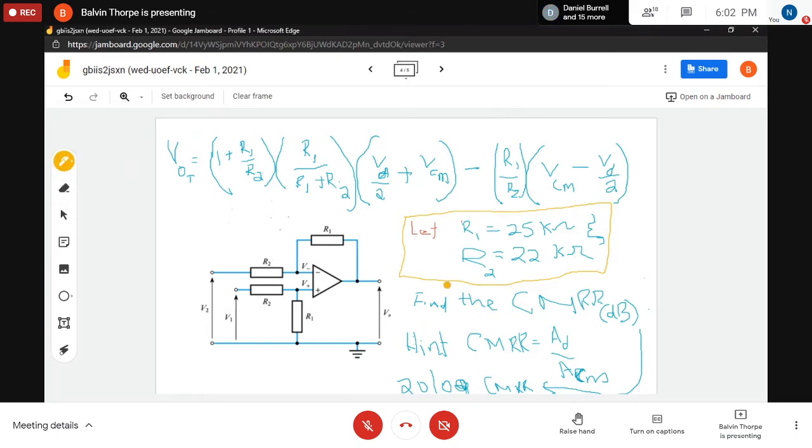Knowing that that is the case, I want you to find the common mode rejection ratio of this amplifier. Do you remember what the common mode rejection ratio of an operational amplifier is?